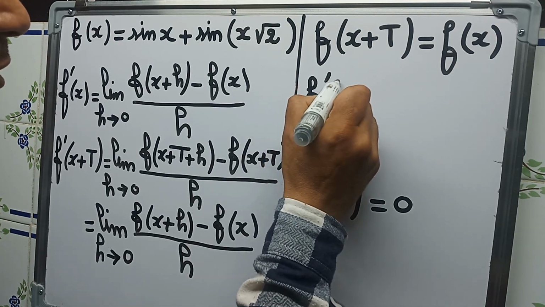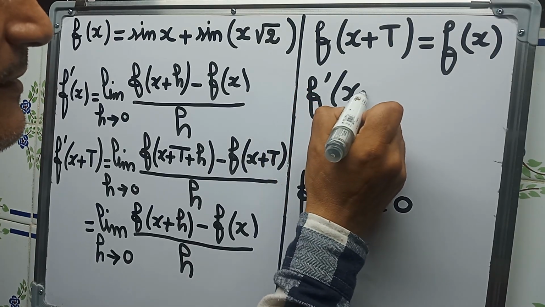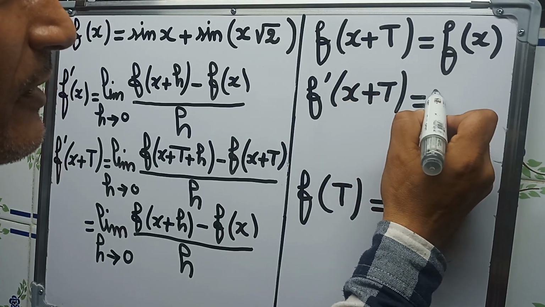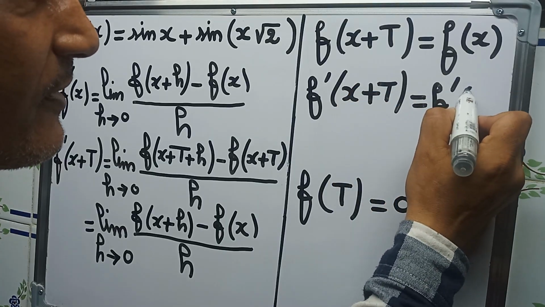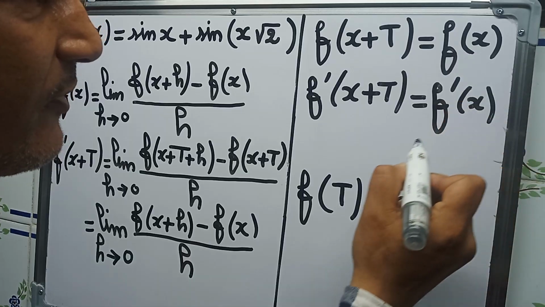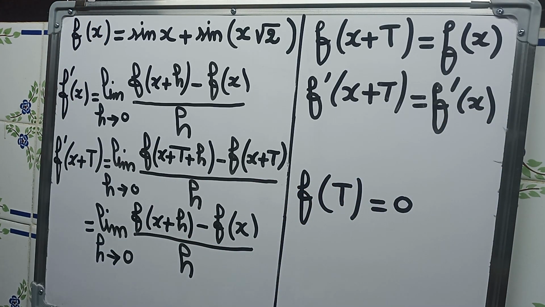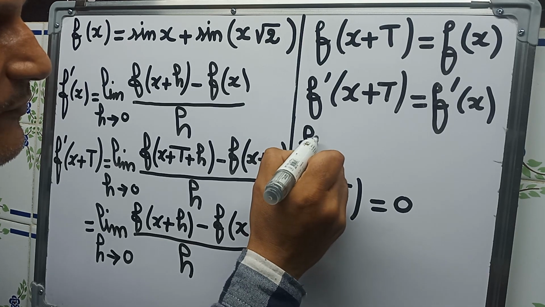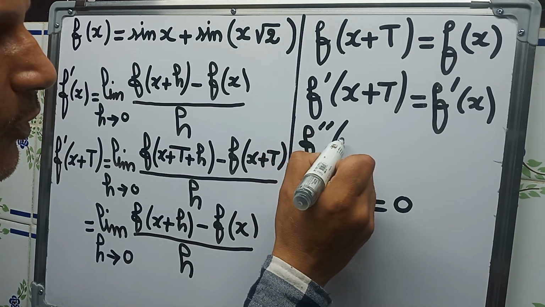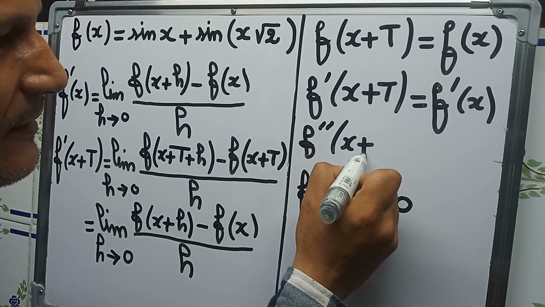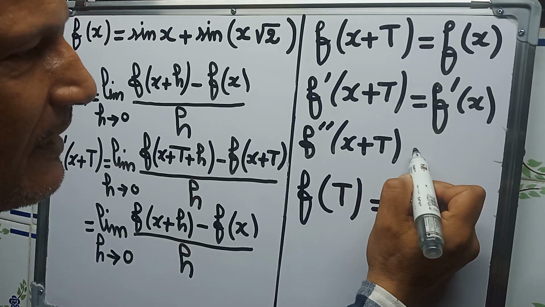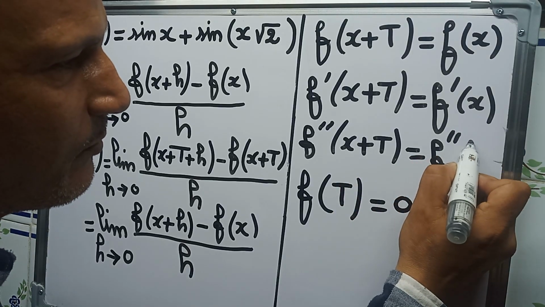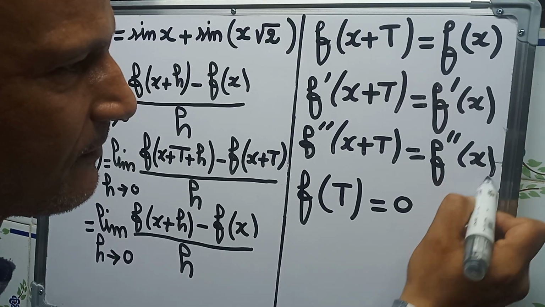And if we differentiate another time doing the same thing, we will have f double prime of x plus t is equal to f double prime of x.